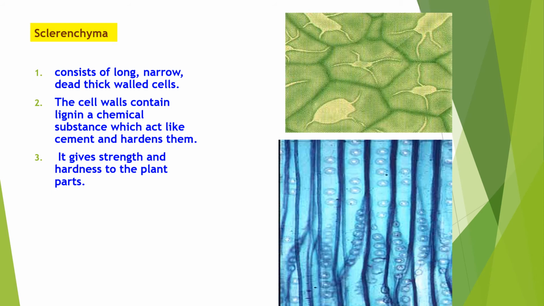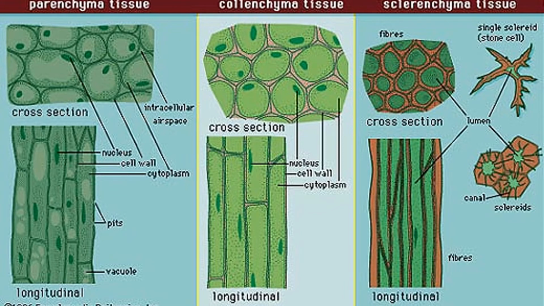In the next slide I will show you how to draw these structures in your notebook. Look at parenchyma. It is to be drawn with this format. You can see the cells. The cells should have only three cells meeting at a point.